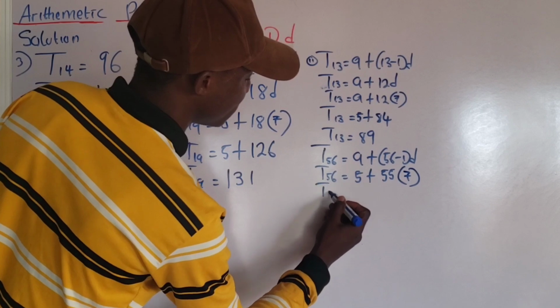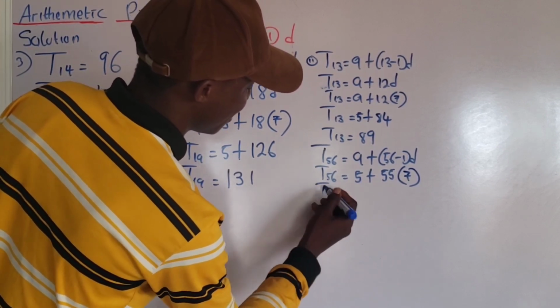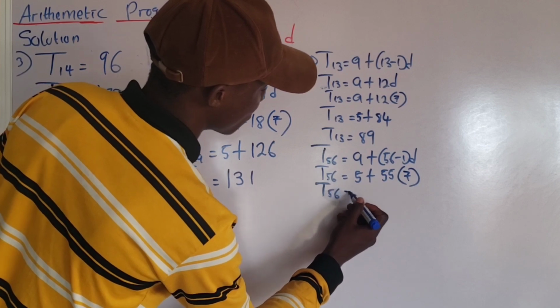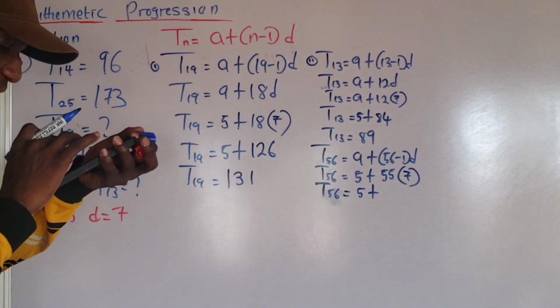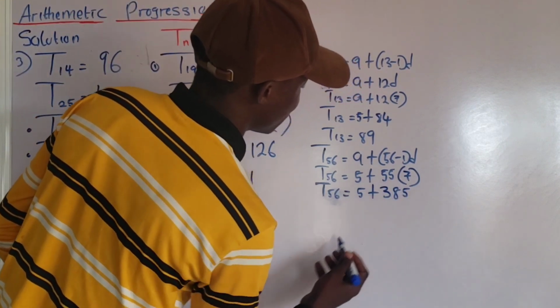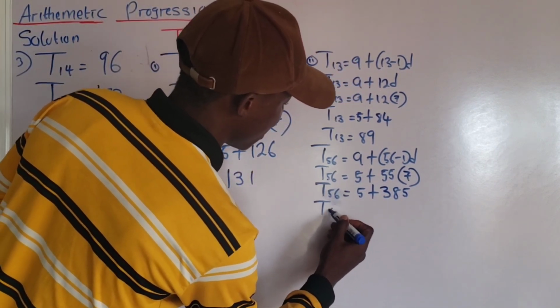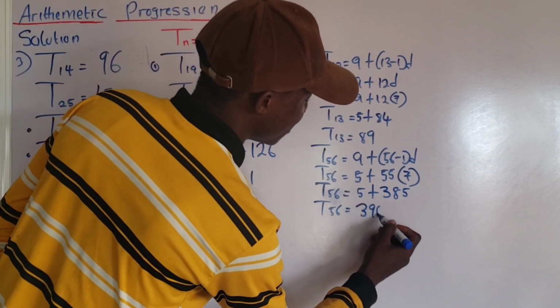So the 56th term, this is 56. So I'm going to have 5 plus 55 multiplied by 7. That is 385. So the 56th term is equal to 5 plus 385. That is 390.